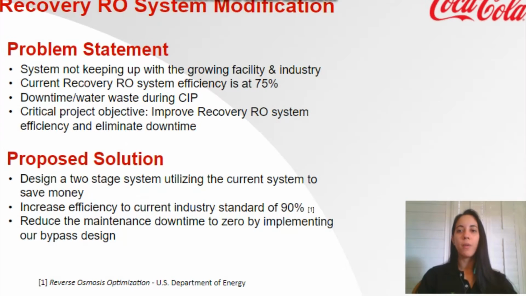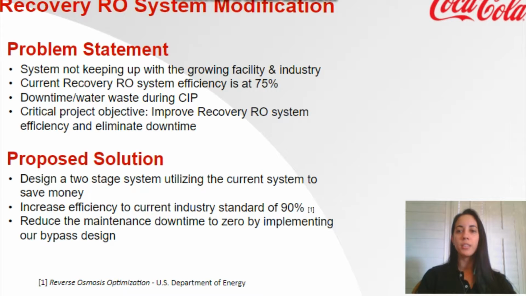Our senior design project is centered around improving the water filtration system at Coca-Cola's Main Street production plant in Auburndale, Florida. Coca-Cola's water filtration system is not keeping up with the growing facility and industry standards, especially the recovery reverse osmosis system, which became the motivation for the topic of this project due to its significant role in water filtration.